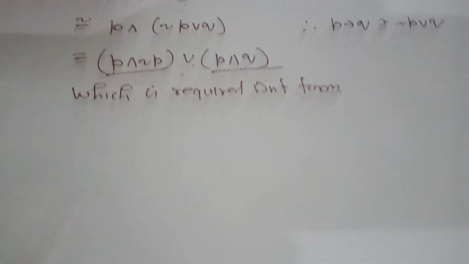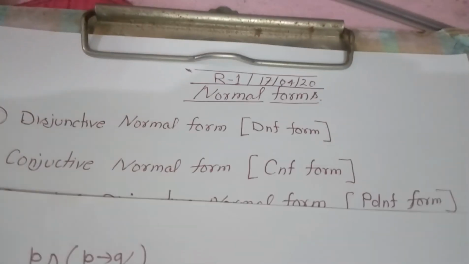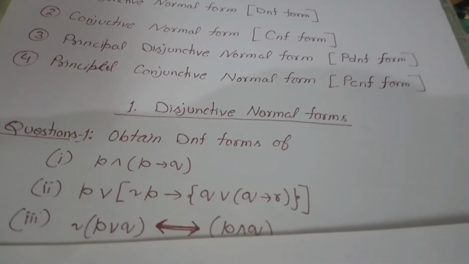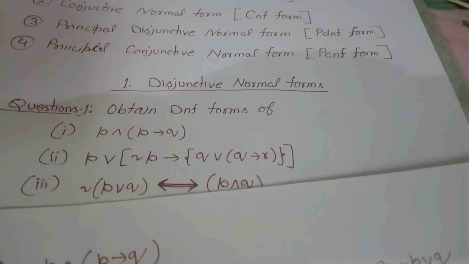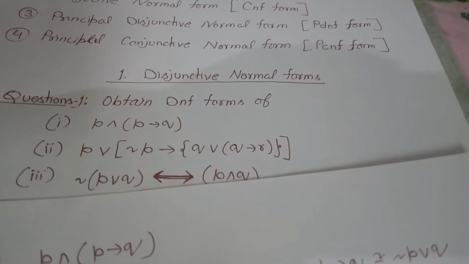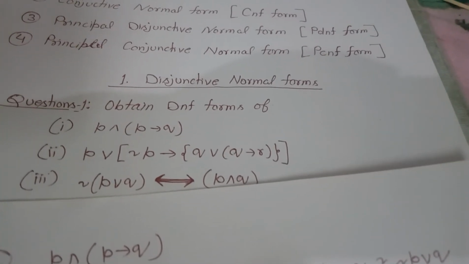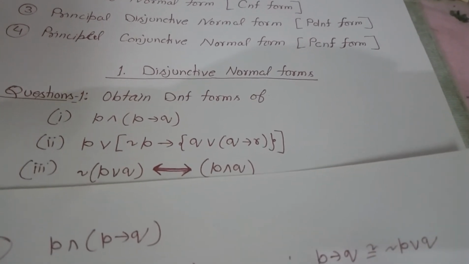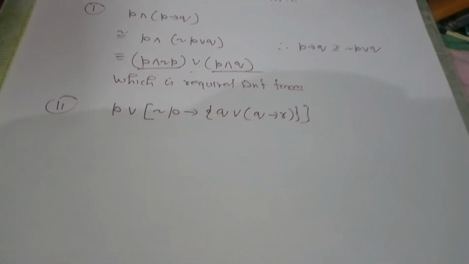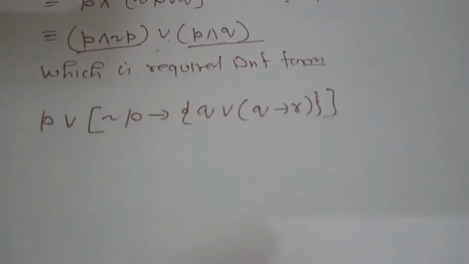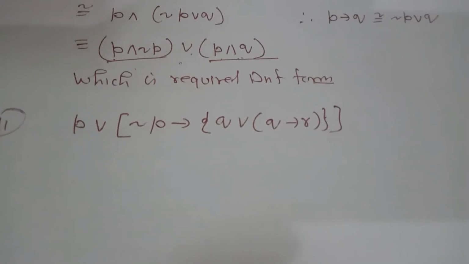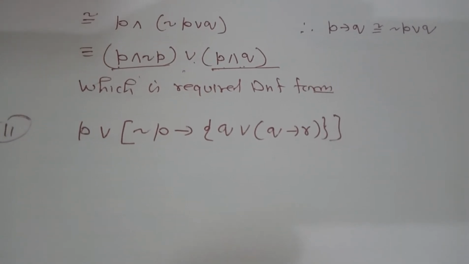Now in the same way we will solve the second question, which was P or (negation of (P implication Q)) or R. Now to obtain our DNF, we will simplify this compound statement by the given 4 steps.